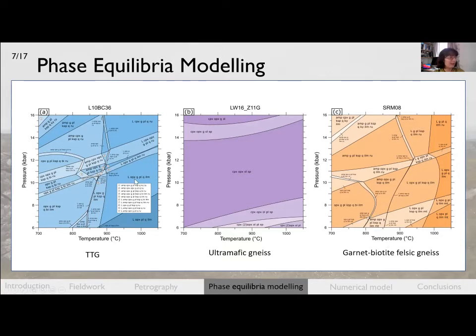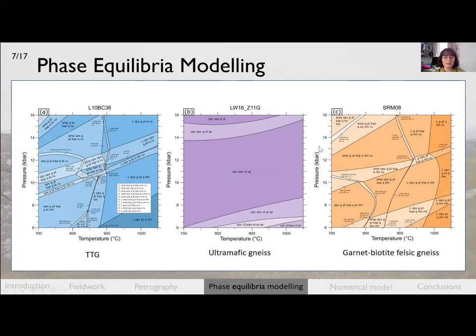I will note that the assemblages observed at peak conditions don't necessarily perfectly match the minerals we see now, as particularly the TTGs and garnet-biotite felsic gneisses are somewhat more prone to retrogression than the mafic gneisses. The ultramafic gneiss does have a similar assemblage, but it's not particularly useful in pinning down a specific pressure temperature field, given how little the stable assemblages change over the range we're considering here.